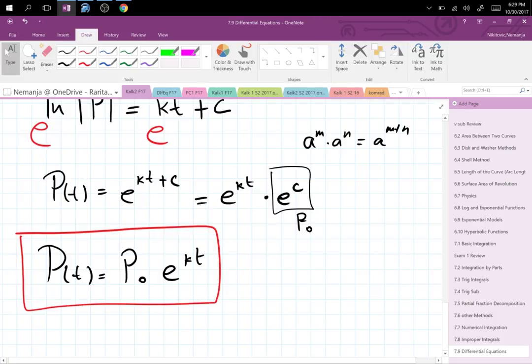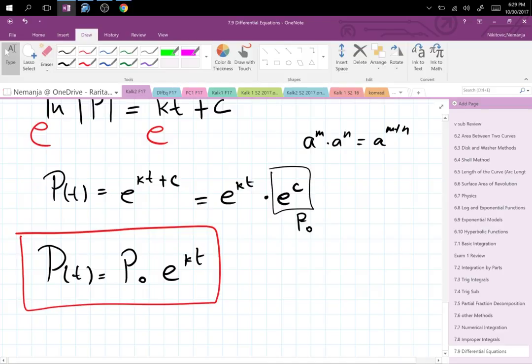And now you analyze this model and see if it's viable. You take a look if this model makes sense. You take the limit as time goes to infinity to see if it's going to accurately show the future, and so on.